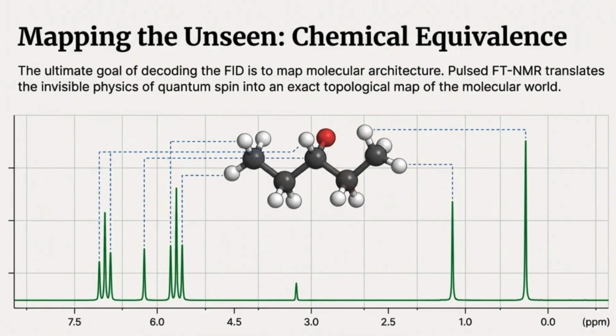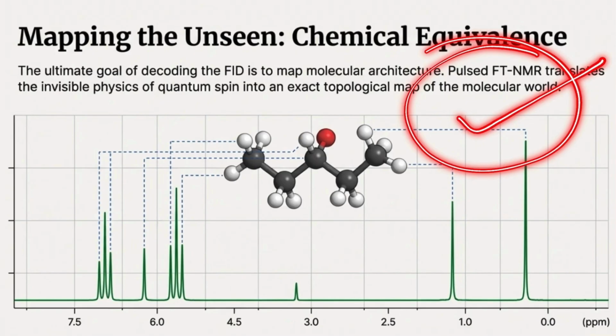So the ultimate goal of decoding the FID signal is to get the molecular structure at the same time. So FT-NMR instruments are making use of quantum spin, turning this spinning physics into exact molecular structure.